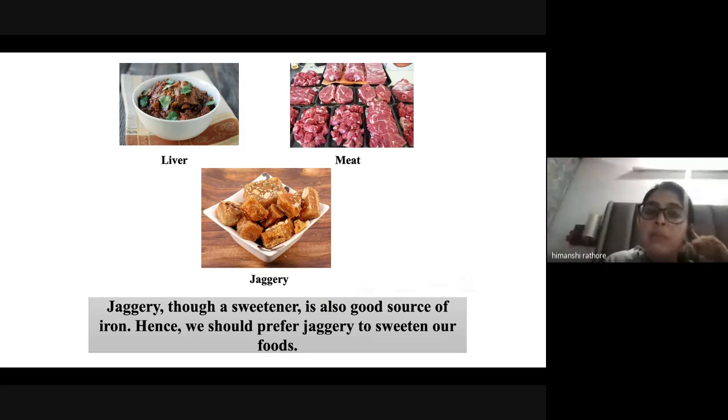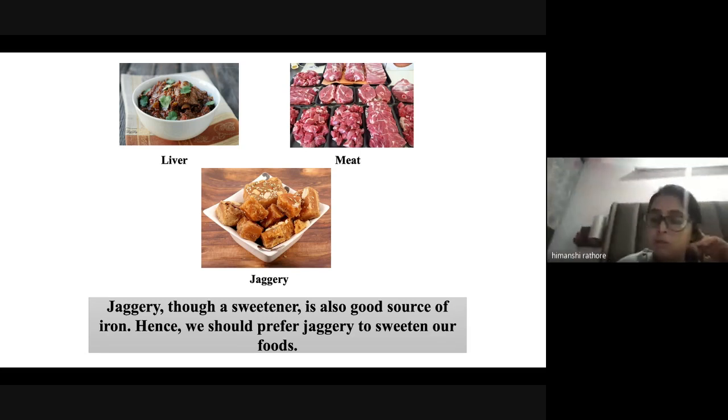They are liver, meat, jaggery. Jaggery is used in India as a sweetener. They add jaggery in their sweet dishes because it is sweet in taste. So it is added to desserts to make them sweet, and jaggery is a very good source of iron. So these are the food sources which are rich in iron.